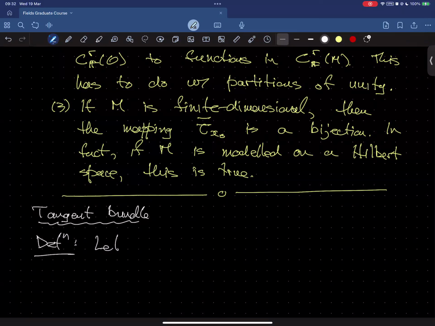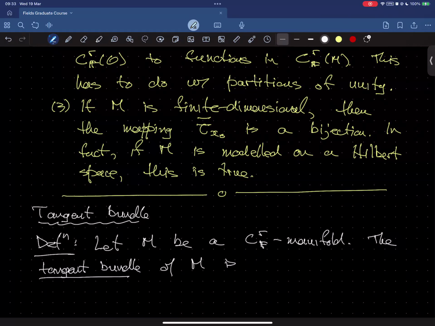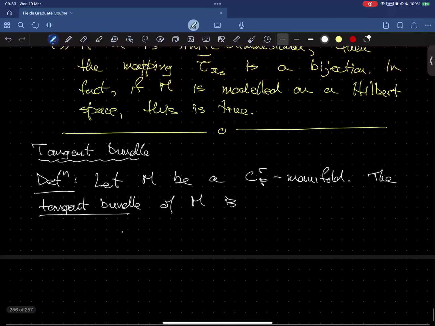Okay, so let's let M be a C^r manifold. Okay, the tangent bundle of M is TM.